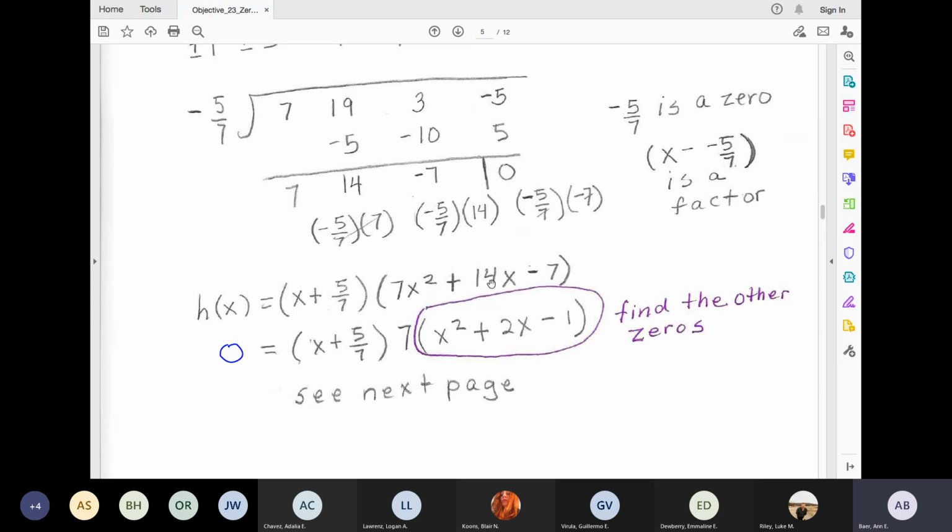It will make using the quadratic formula simpler. Factoring out a 7, this 7 came out front. We have just an x squared there, plus 7 went out. 14 is 7 times 2. The 7 went out front, the 2 stays. We get 2x minus, this 7 is 7 times 1. 7 goes out front, the 1 stays.